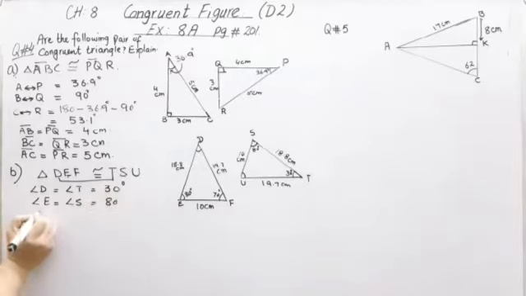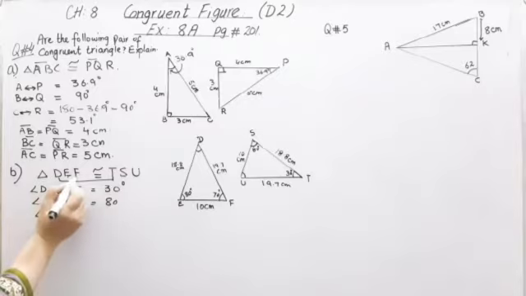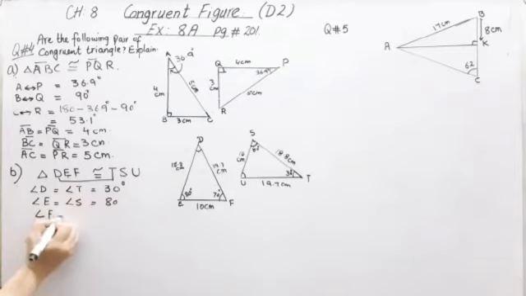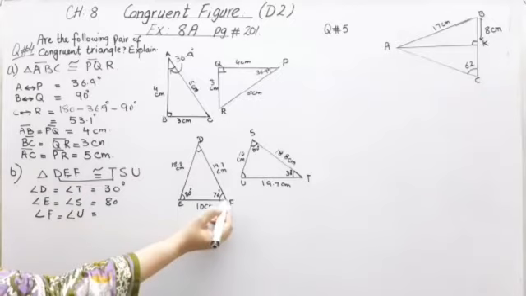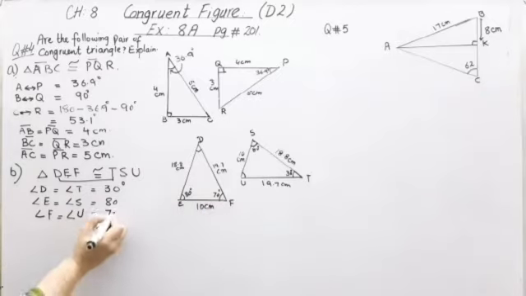And angle F is equal to angle U, equal to 70 degrees.